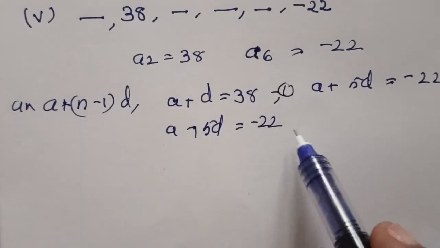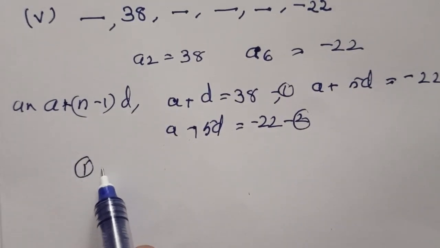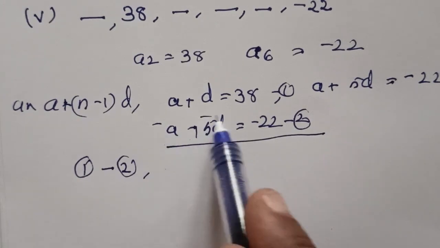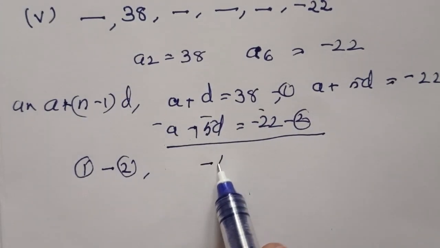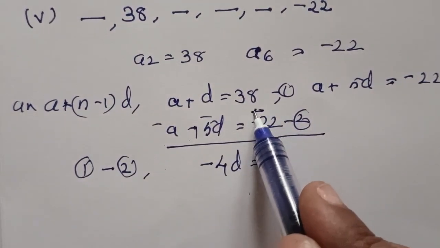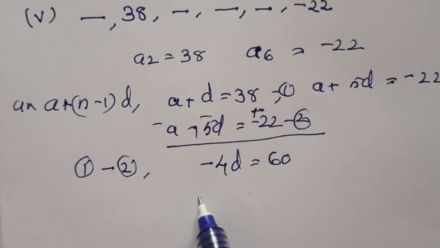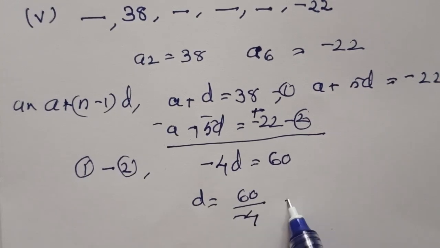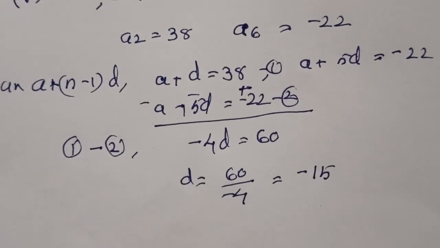Number these equations as 1 and 2. Now, subtracting, equation 1 minus equation 2, changing sign throughout, we get these two cancel and 1 minus 5, it is minus 4d equal to, this will become plus, isn't it? 38 plus 22, 60. Therefore, d equal to 60 divided by minus 4, that is equal to minus 15. So, common difference equal to minus 15.